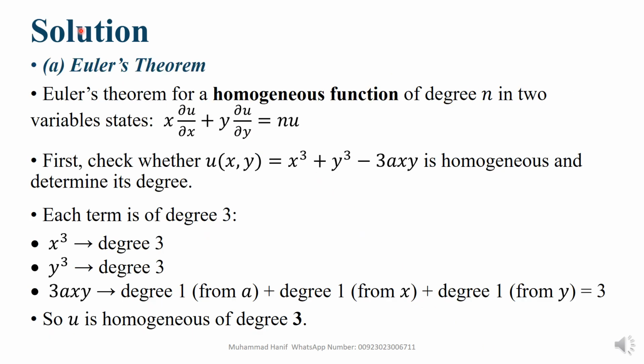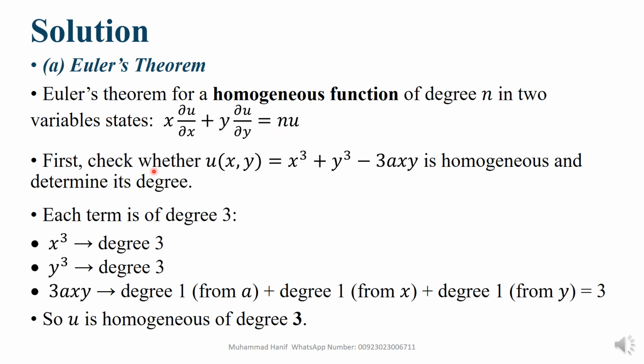Now we are going to the solution. Point A, Euler's theorem. Euler's theorem for a homogeneous function of degree n in two variables states x ∂u/∂x + y ∂u/∂y = nu.